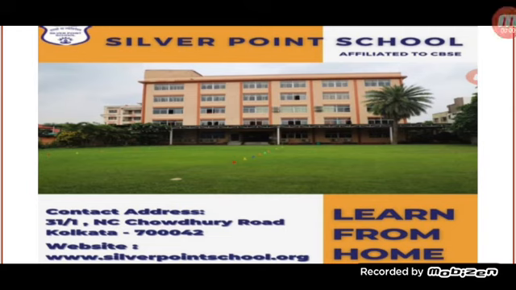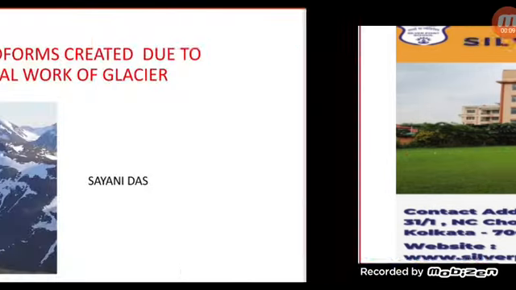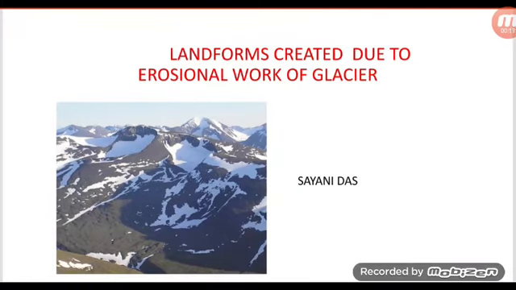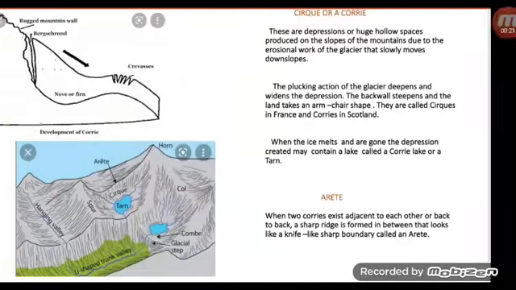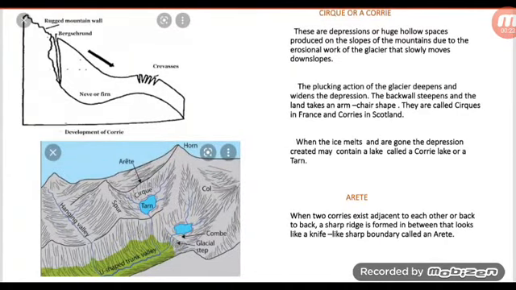Hello children. So today from Silver Point School Learn from Home content, we are going to study about the landforms created due to erosional work of a glacier. Now you know that glaciers are huge masses of ice which are resting on top of the mountains.